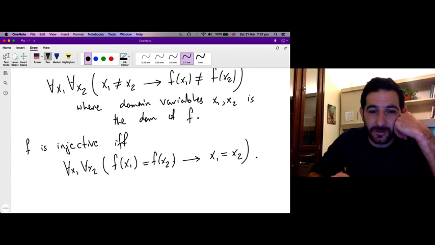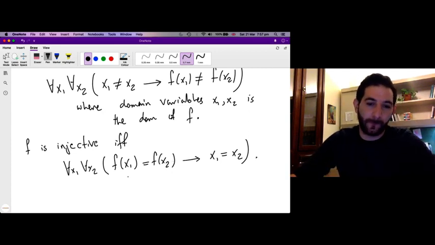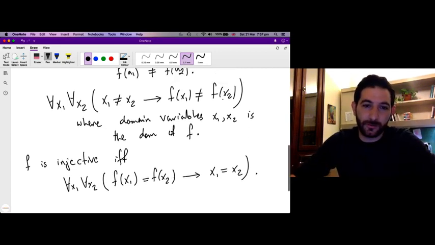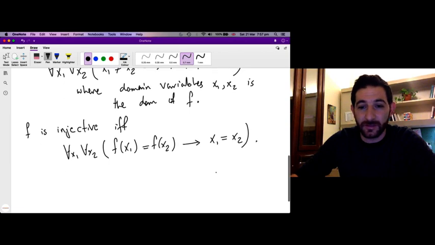Okay, so this is by contrapositive. So these two statements define injectivity. Either any two elements in the domain have different images in the codomain, or if you have two elements in the domain and it happens that they have the same image, then they must be the same element.